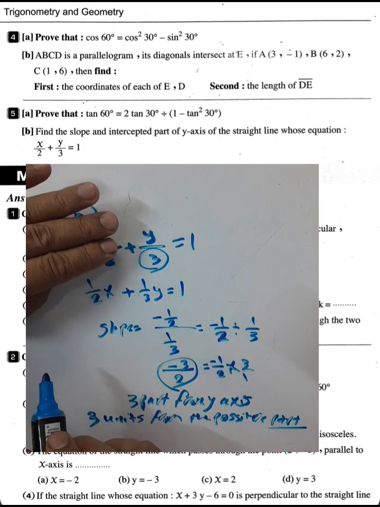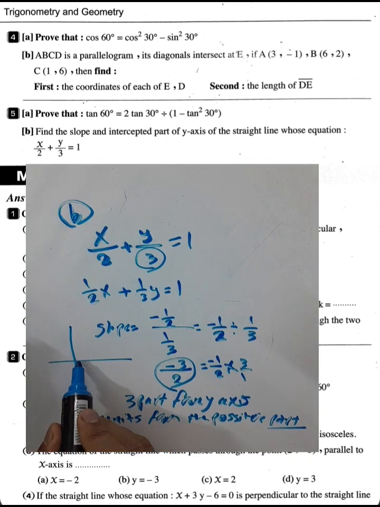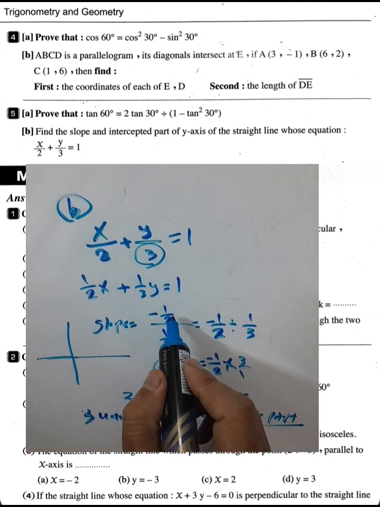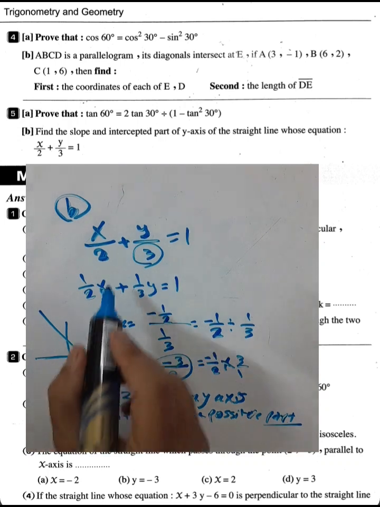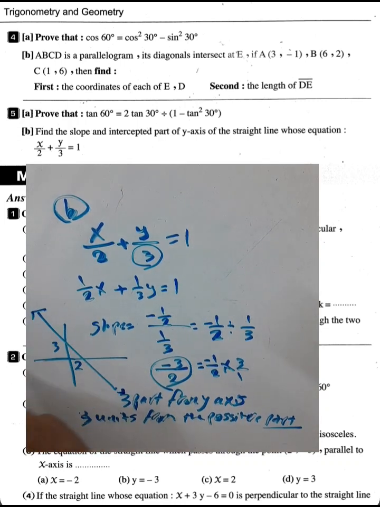Or you can put x equals 0 here, then y will be equal to 3. Then the straight line, with a negative slope, will be drawn here, cutting 2 parts from the x-axis and 3 from the positive axis of y.